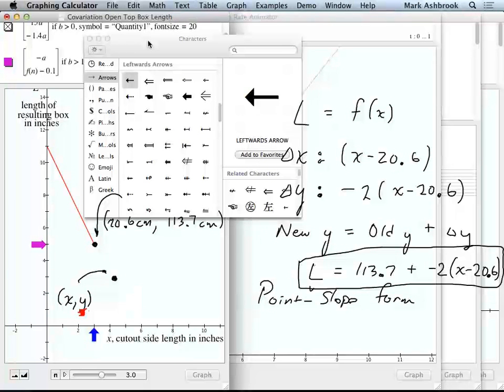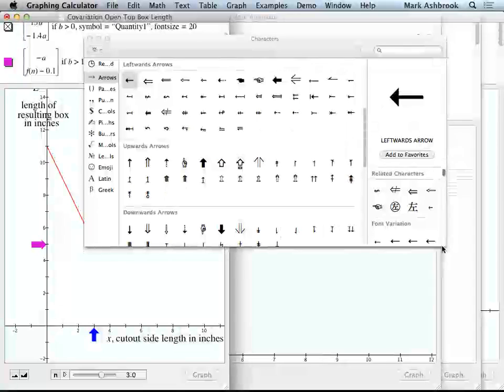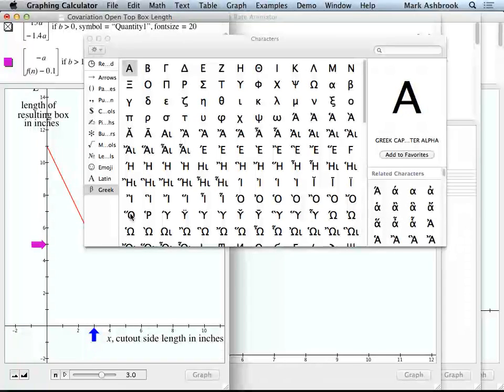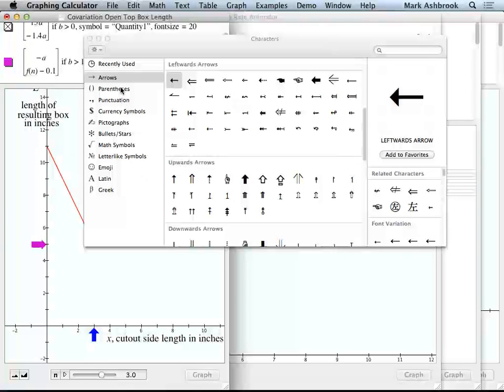So if you look over here, I'm not sure why this is all skinny here. Oh, there we go. Okay, so there's all kinds of arrows you can choose from.